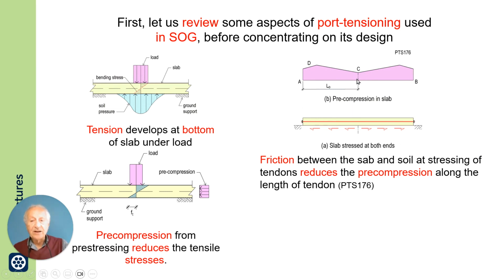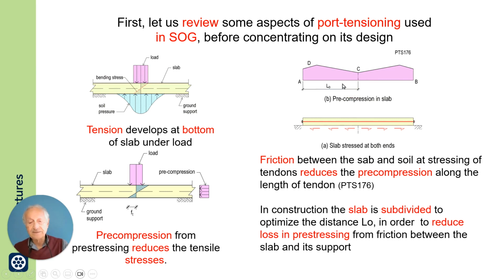The purpose of this diagram is to emphasize that your design will be based on the stress situation at this location, where the contribution of post-tensioning is least. In construction, the slab is subdivided to optimize the distance L0.